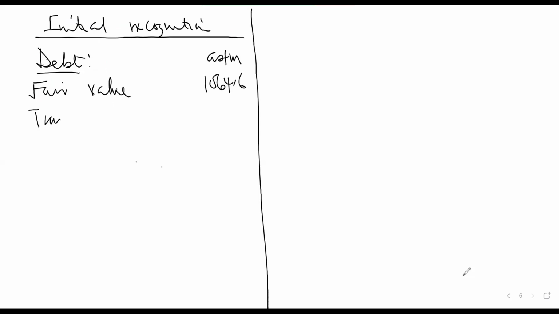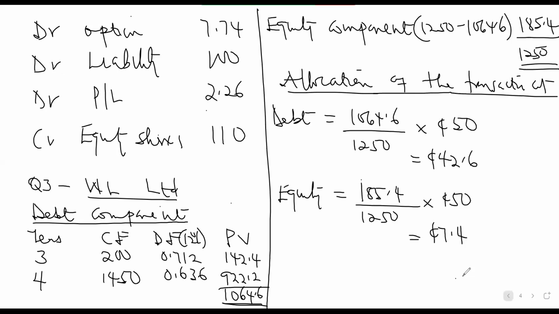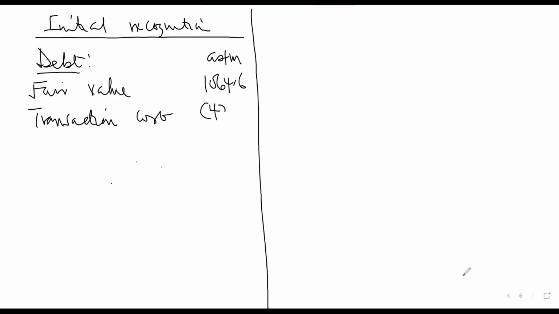Then we have the transaction cost of what? 42.6. What will be the amount that we're having? $1022. Okay, 1022.